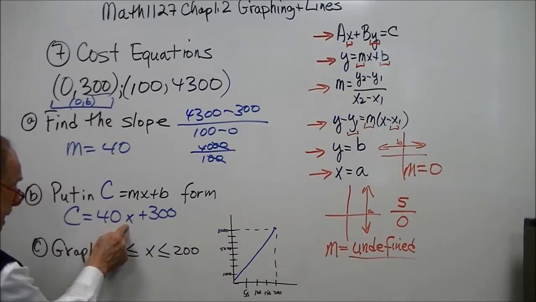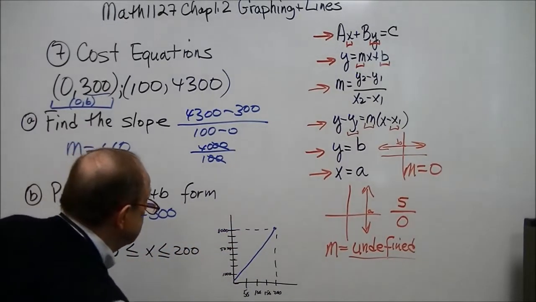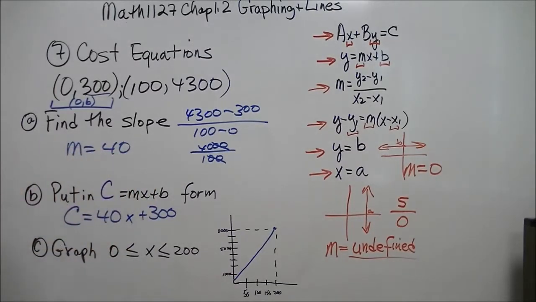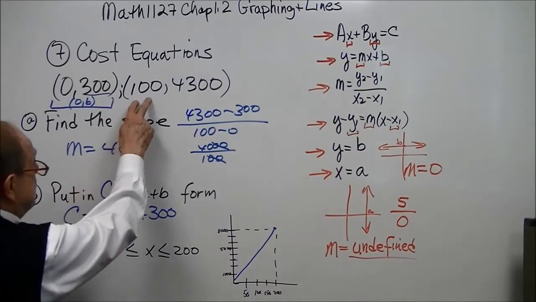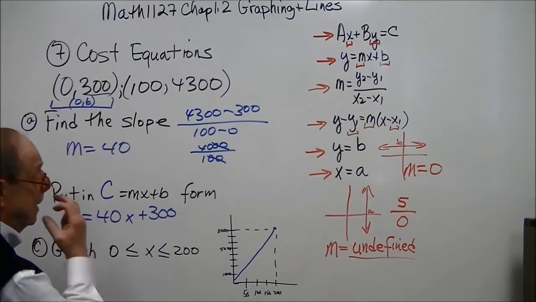So 40 times that will make it a little bit higher than what we have. So if we were producing 100, it would be this. So it's actually probably double that amount, yeah.